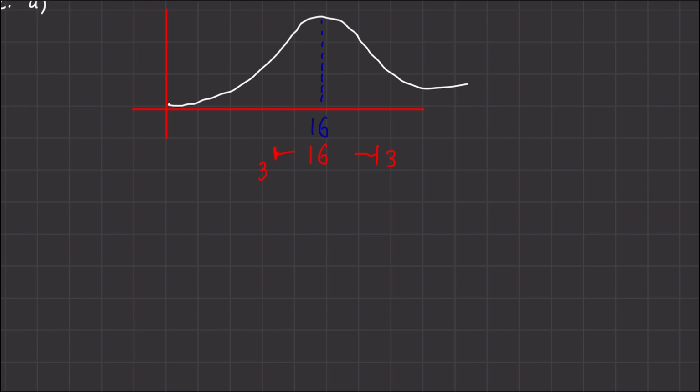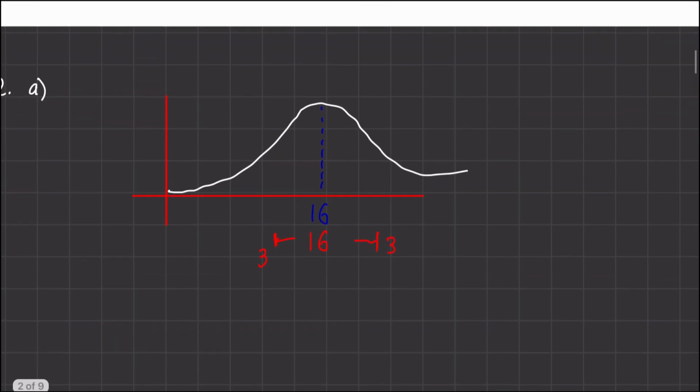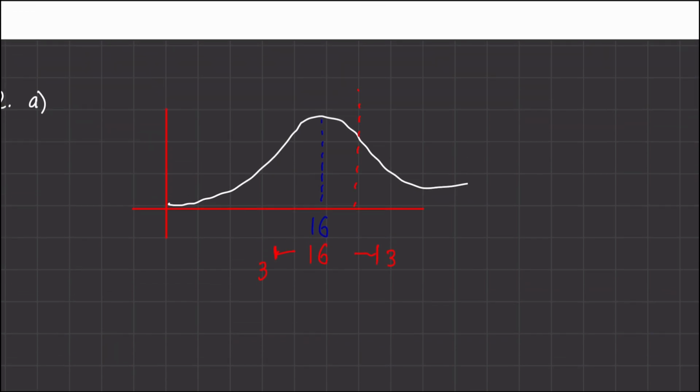And all that this standard deviation means is that it will encompass this area within that. So back to the question.